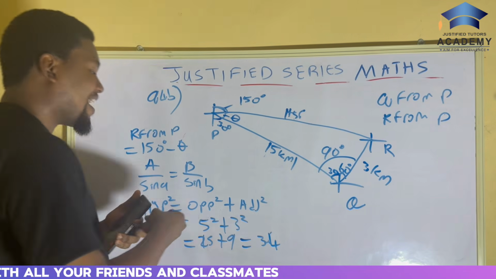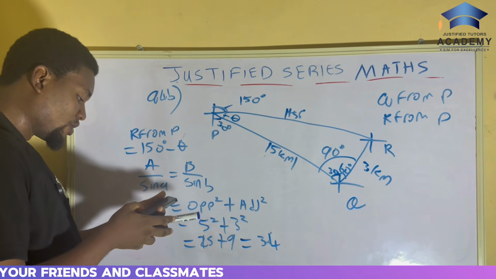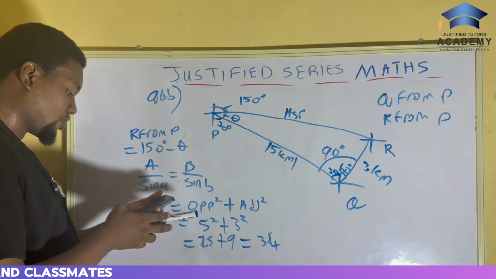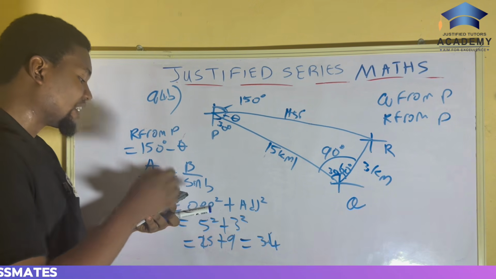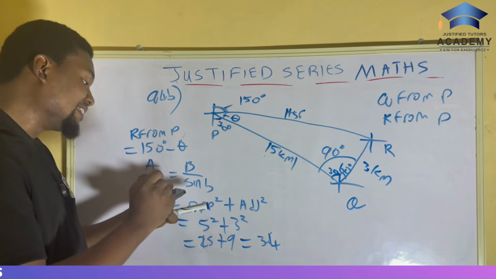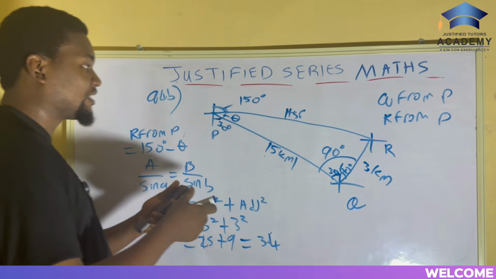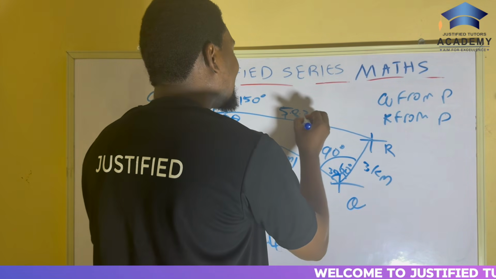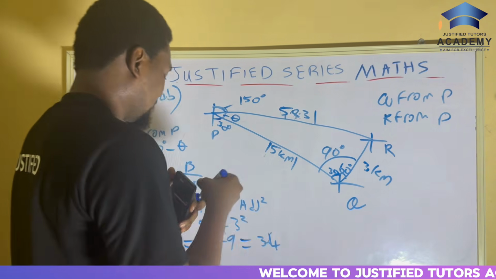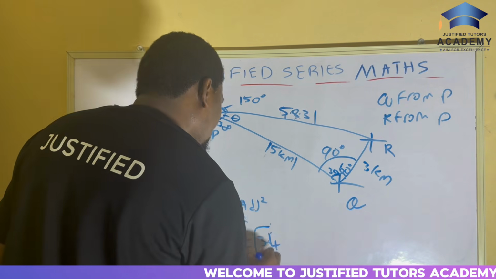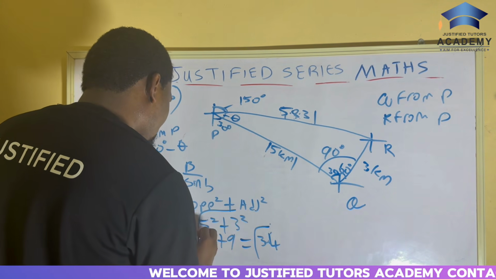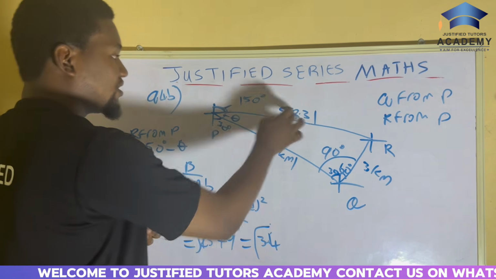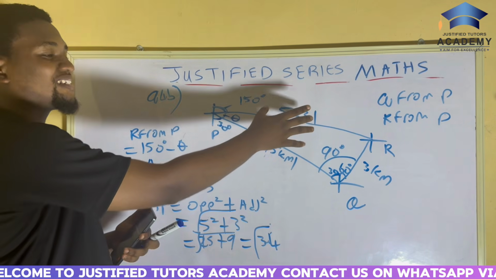And the square root of 34 will give us 5.83095, which is approximately 5.831. That's it. So the square root of this will give us this. Now we've gotten our side.